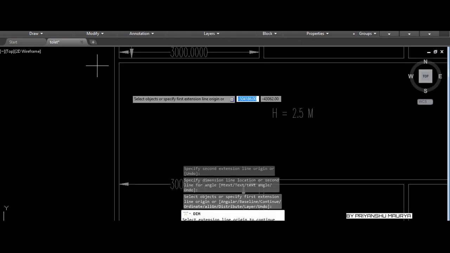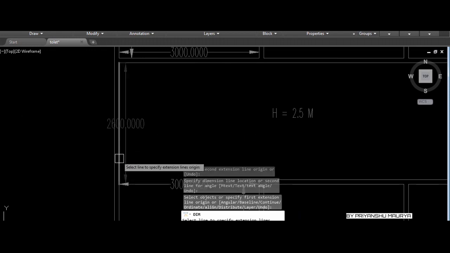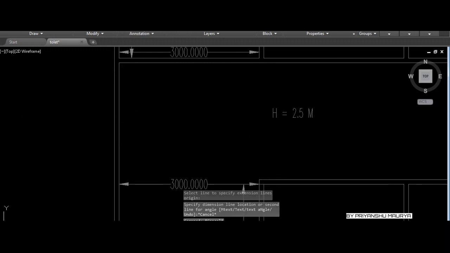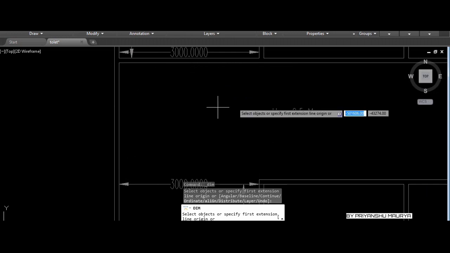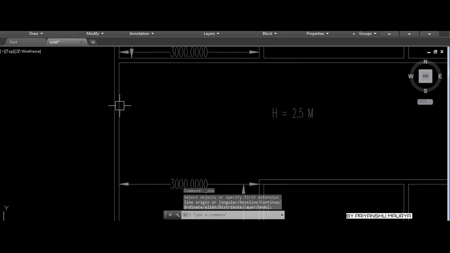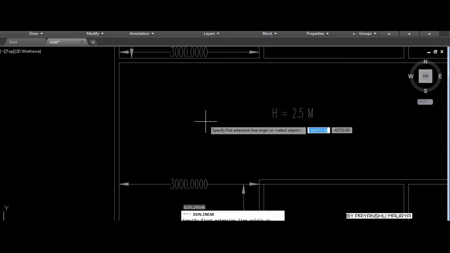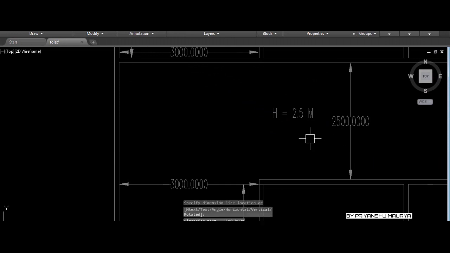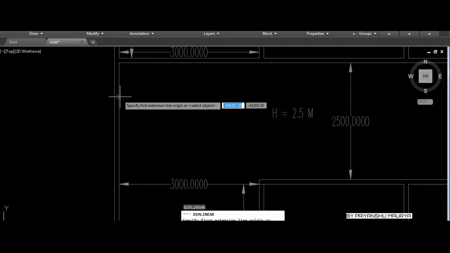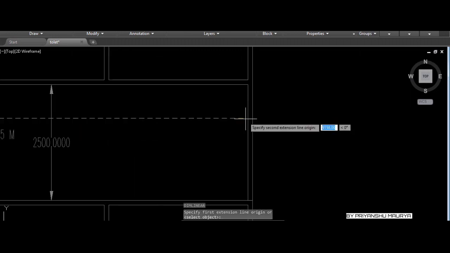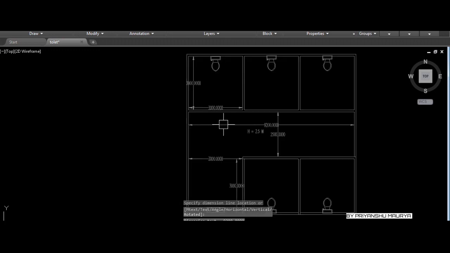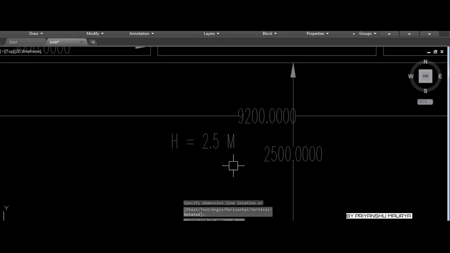The length of this is 2.6, and from here to here it is 2.5. And the length of the passage area is 9.2 meter we can consider.